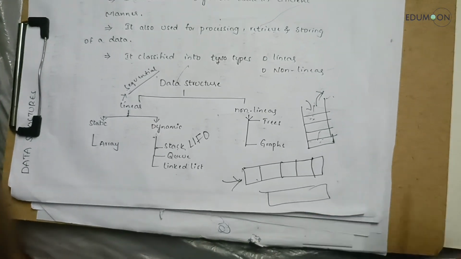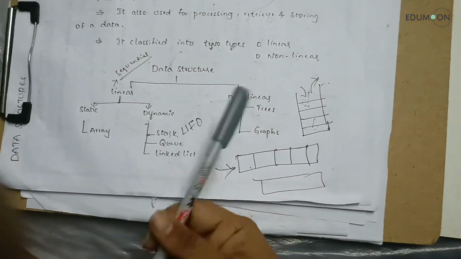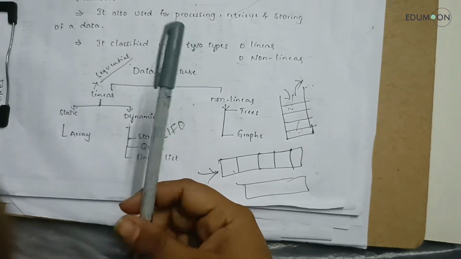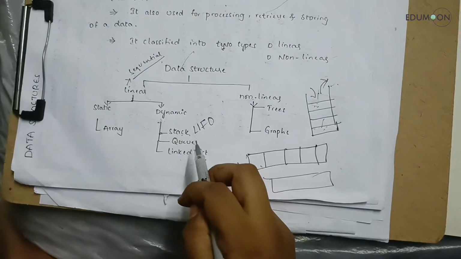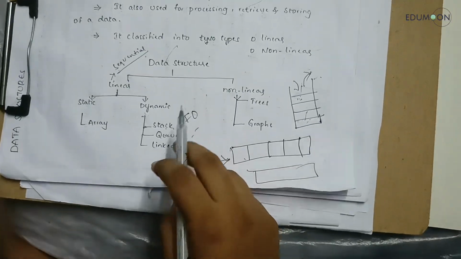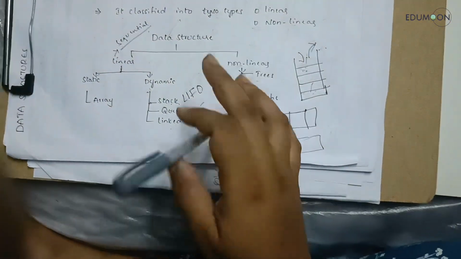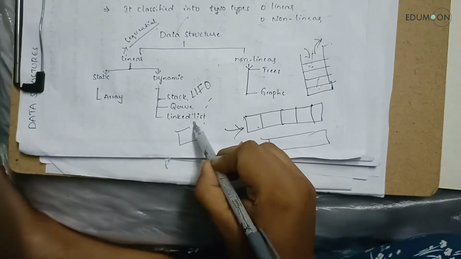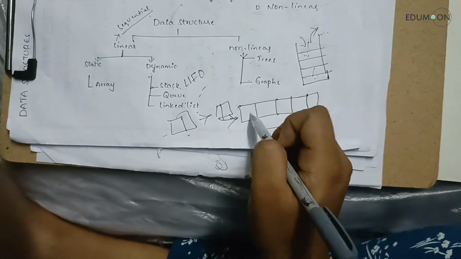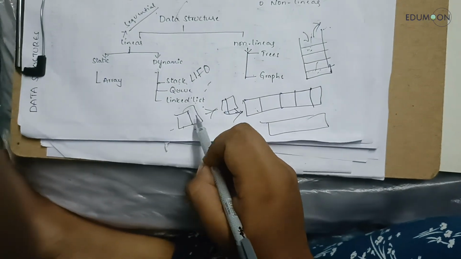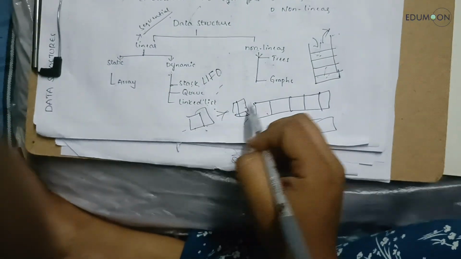We see queues at bus stands and movie theaters. This is an example of a queue. And a linked list is also stored in sequential locations. It contains nodes. Each node contains two parts: one is the data part and another one is the address of the next node.